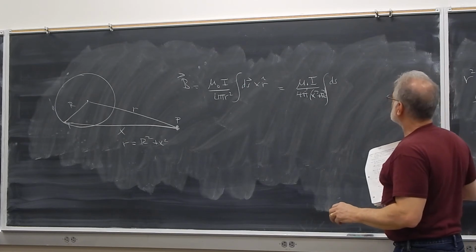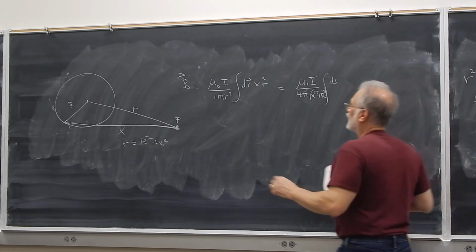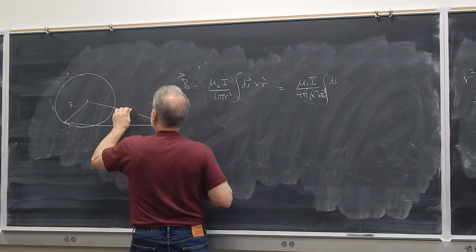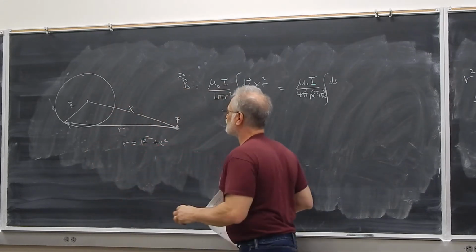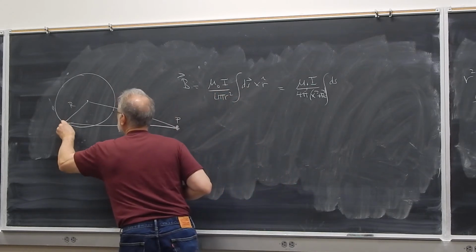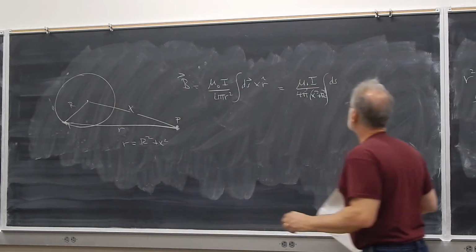That being the case, I can let x be the perpendicular distance, let r be the distance from some point on the current loop. That makes more sense.